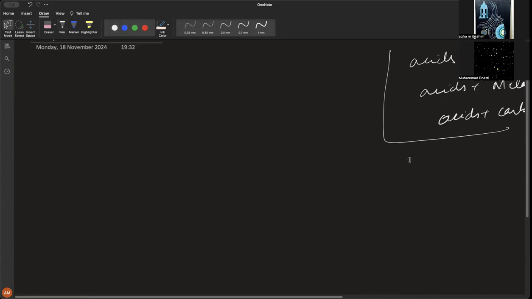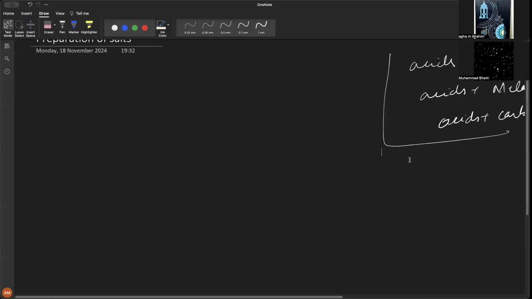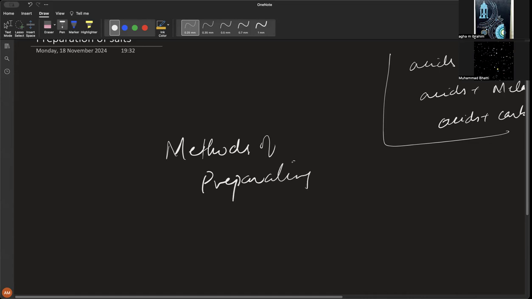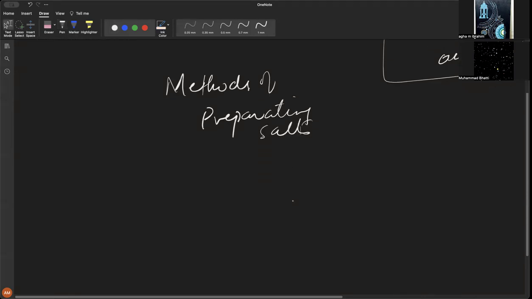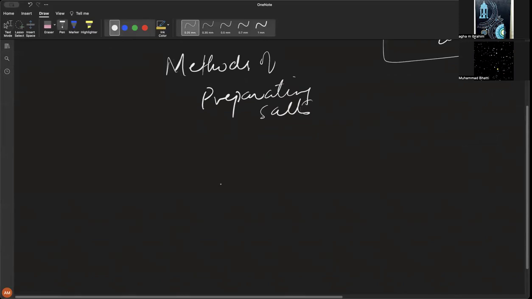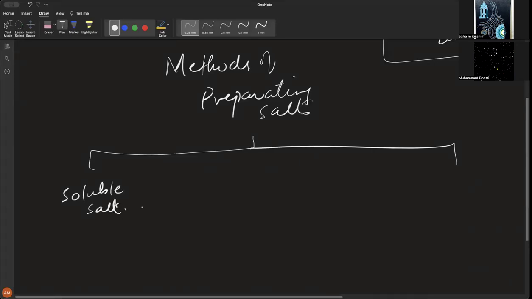When we are preparing salt, there are a few methods. We discuss them. Methods of preparing salts. Generally, we say that preparation of salt can be divided into two major distinctions: whether you are preparing a soluble salt or an insoluble salt.